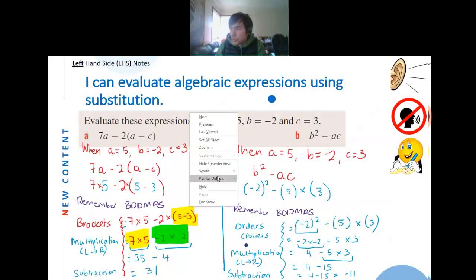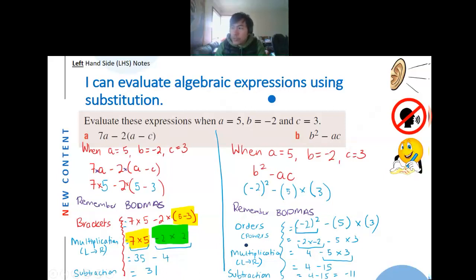Let's go with purple. So 7a means 7 times a minus 2 brackets. Now between the 2 and the brackets here, there is another invisible multiplication.